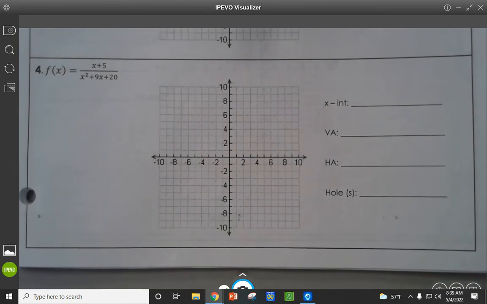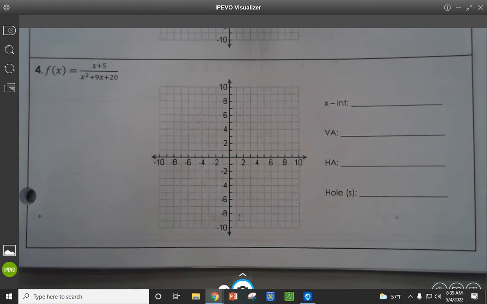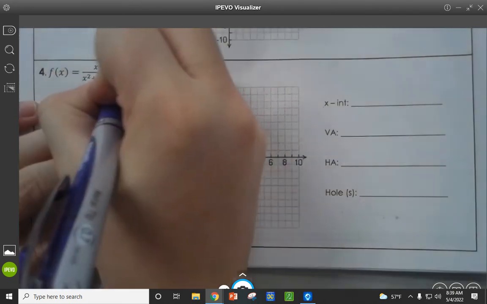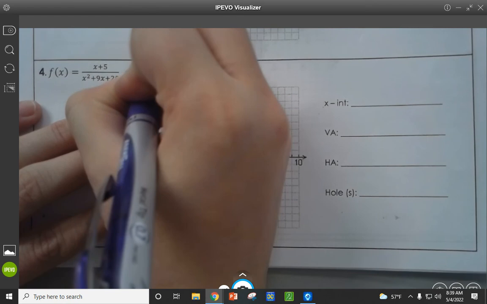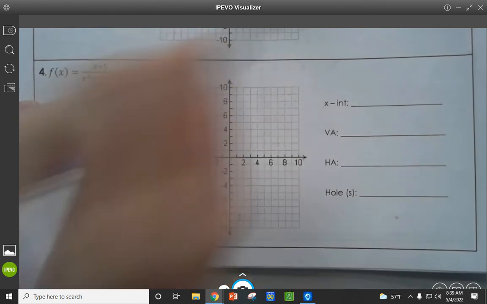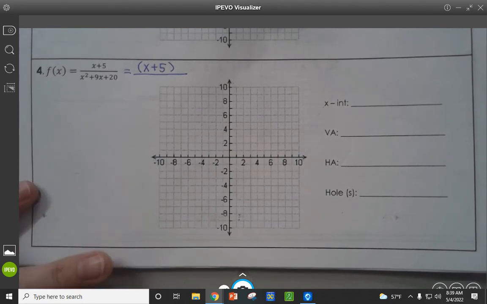So number 4, let's go ahead and factor and simplify this, because we'll need to do that at some point. So the x plus 5 doesn't do anything. But how can I factor the denominator?